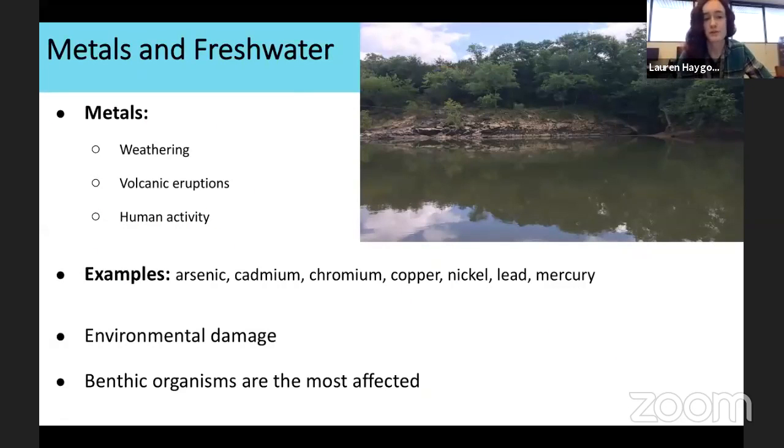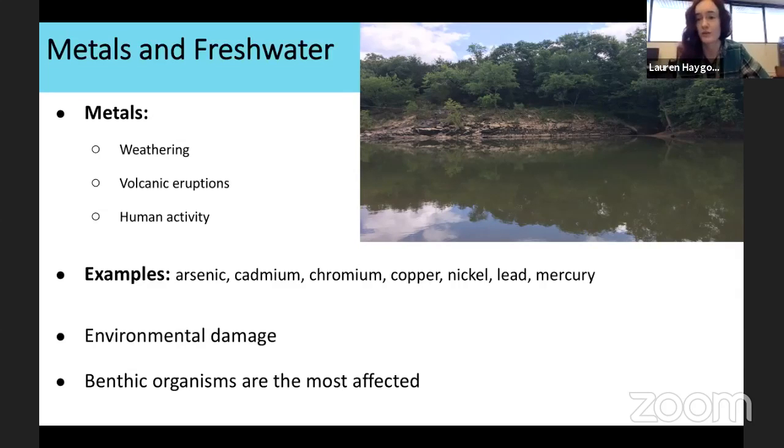And so metals in fresh water, metals are primarily introduced into the environment from weathering processes. So like was mentioned before, if shale weathers out, that could introduce metals into a water system. From volcanic eruptions, so you guys will see volcanoes erupt and the ash come out. All that particulate matter also has metals in it that can then deposit in nearby water systems, and also from human activities.